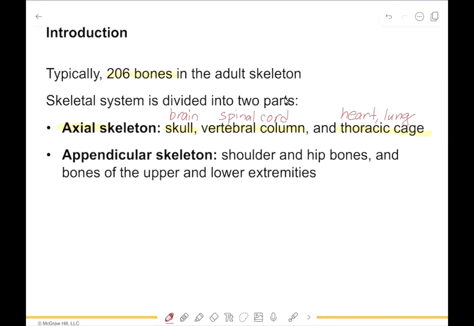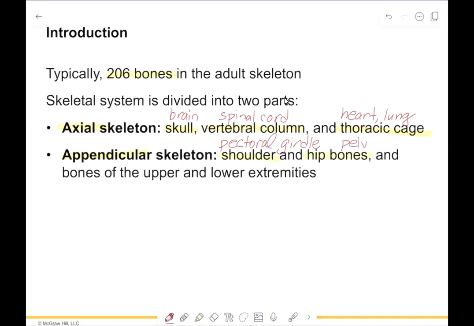The next chapter we'll be discussing in more detail the appendicular skeleton, which is all of the bones hanging off of the central axis. So it begins with the shoulder joint, which is the pectoral girdle, and it also involves the arms and the rest all the way down to the hands, plus the hip bones, which also begins with a girdle.